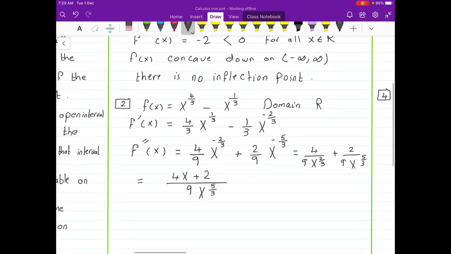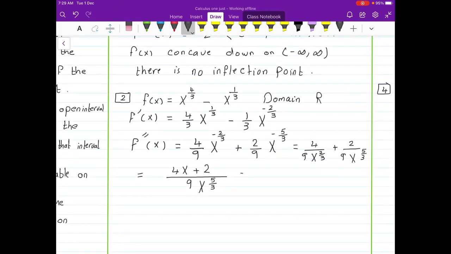To study the sign of f double prime of x, first find when this equals 0. A fraction equals 0 if and only if 4x plus 2 equals 0. So 4x equals -2, so we get x equals -1/2.